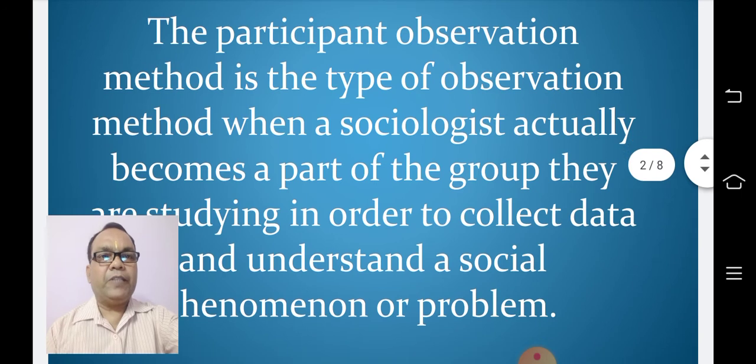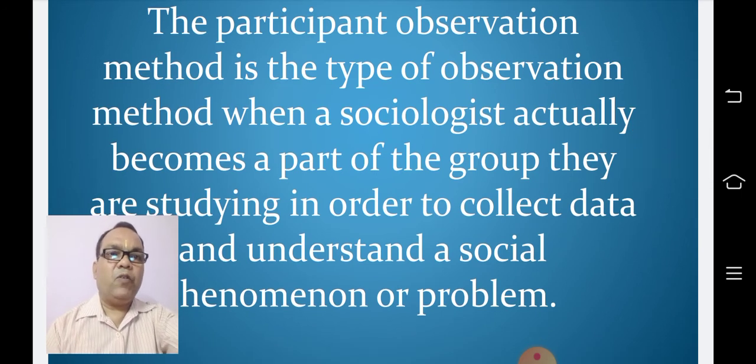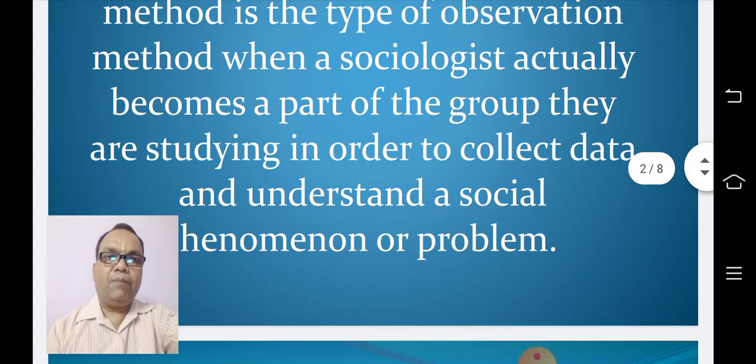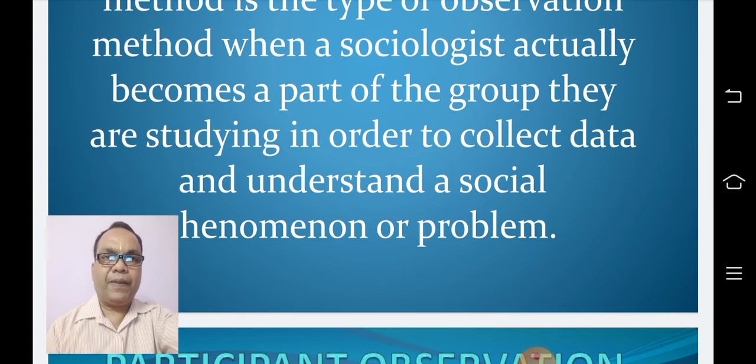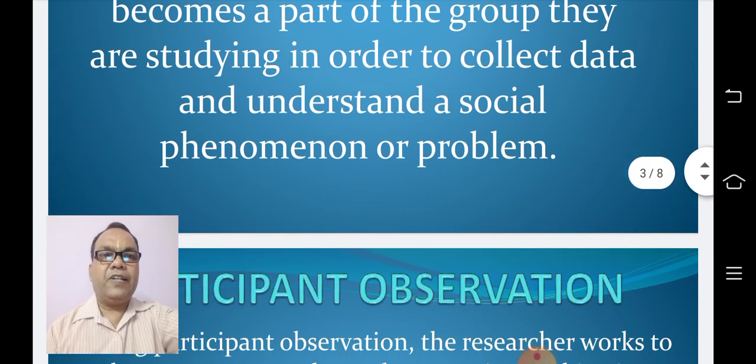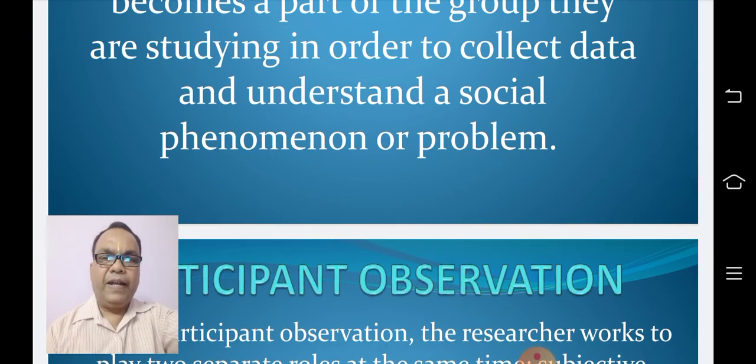Participant observation method is the type of observation method when a sociologist actually becomes a part of the group he is studying in order to collect data and understand a social phenomena or problem.